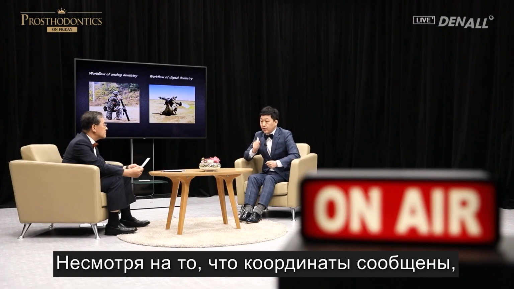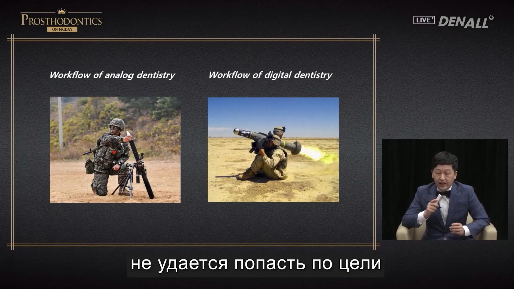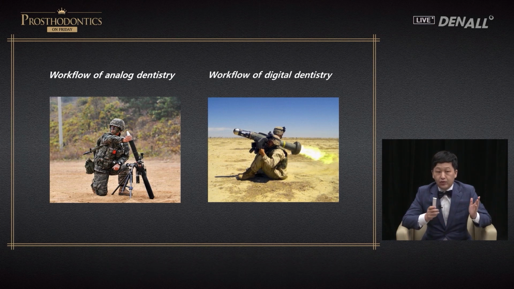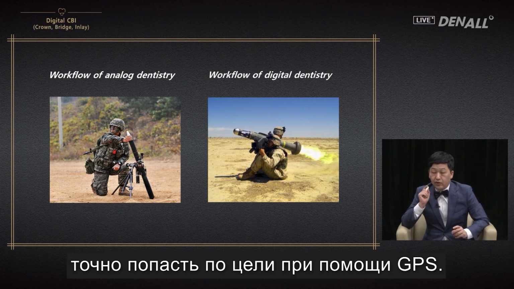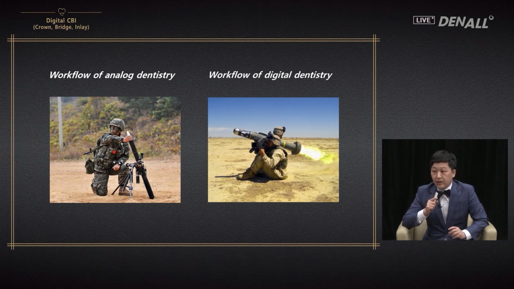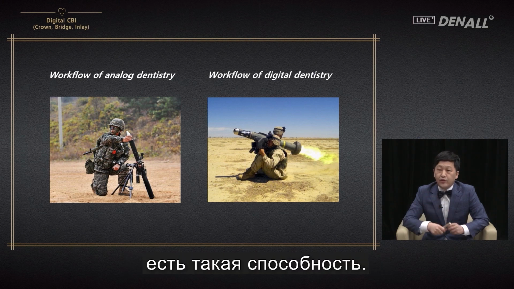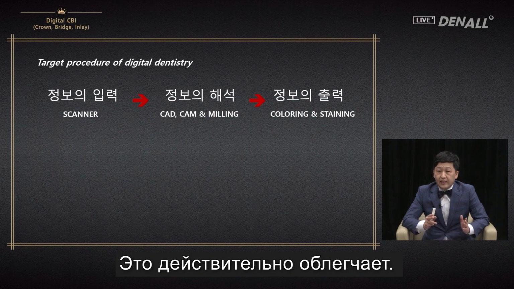Although coordinates are communicated, in some cases it falls in wrong places like civilian housing. What about the Stinger missile? It has the ability to hit the target accurately via GPS. I believe digital prosthodontics has that kind of capability.